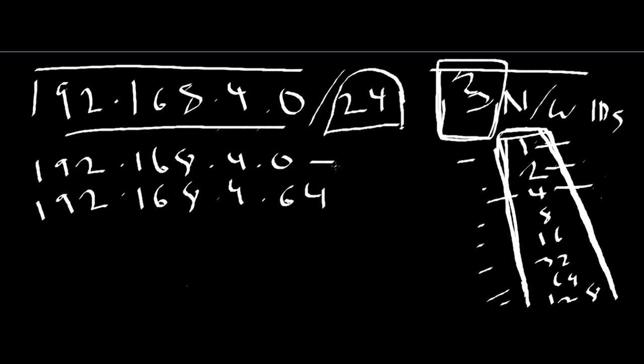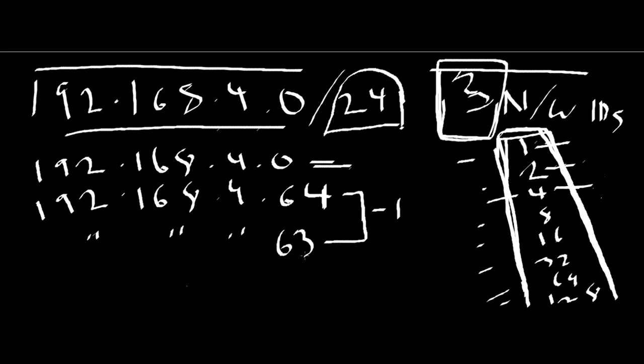The broadcast ID is the last number in your next network minus 1. So 64 minus 1 makes your broadcast ID 192.168.4.63.